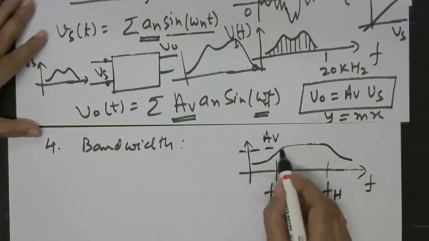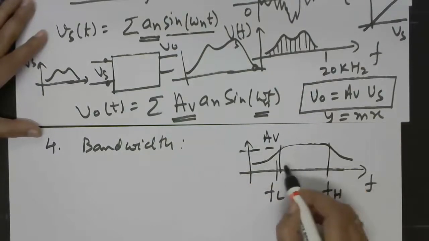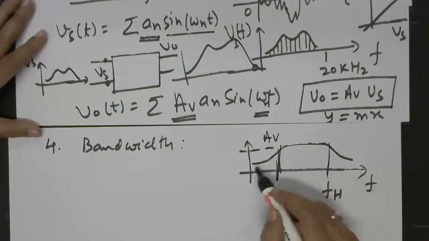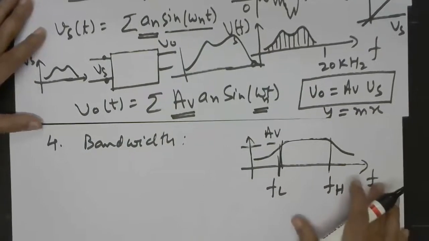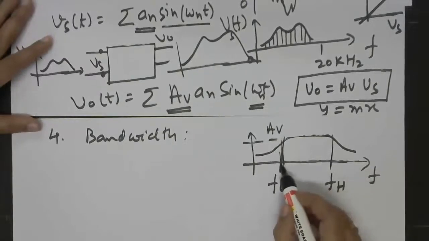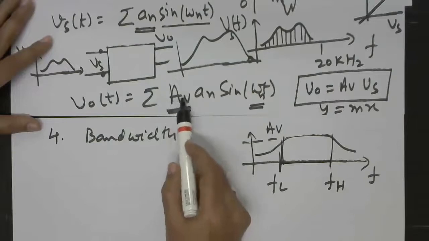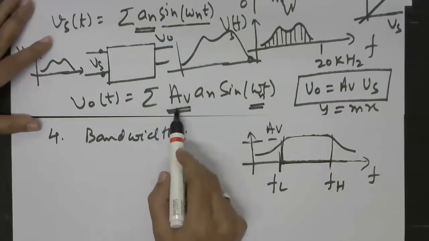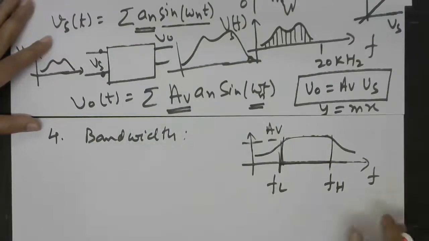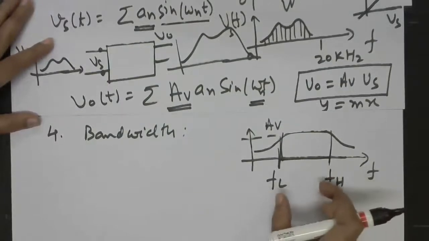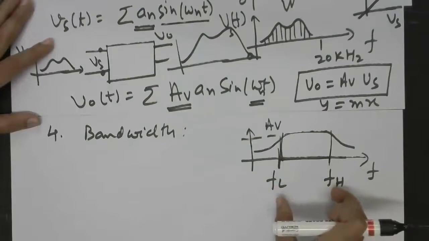This is AV. Only between FL and FH is the constant value going to be AV, and otherwise it will start decreasing. The range of frequency over which this amplification remains more or less constant is called the bandwidth of the amplifier.